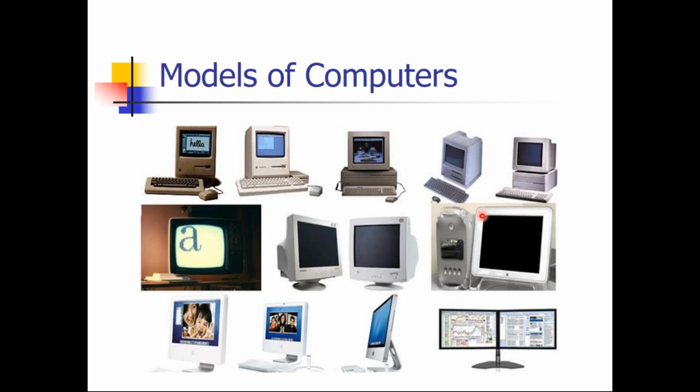Similarly, these are the different models of computer. In the first stage, the computer was looking like this. Till here, the monitors were black and white type of monitors. After this, we were having color monitors for displaying the contents.